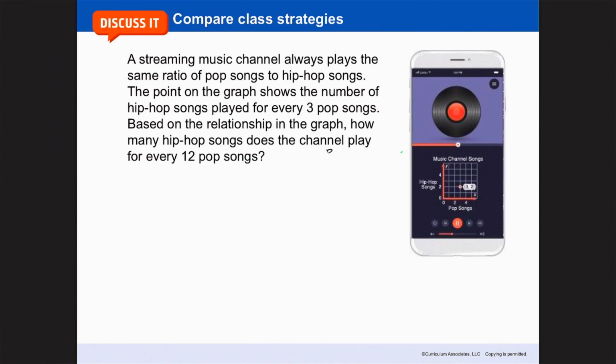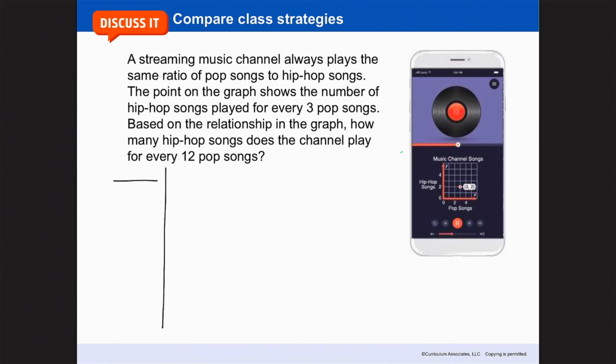Now we're going to look at our first problem. We have a streaming music channel that always plays the same ratio of pop songs to hip hop songs. The point on the graph shows the number of hip hop songs played for every 3 pop songs. Based on the relationship in the graph, how many hip hop songs does the channel play for every 12 pop songs? So the first thing I want to do is write a lovely little ratio table.